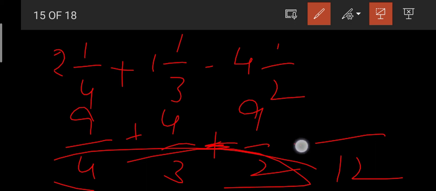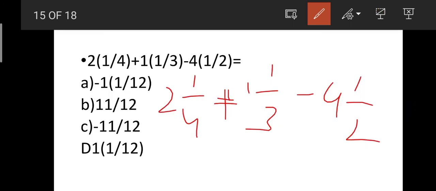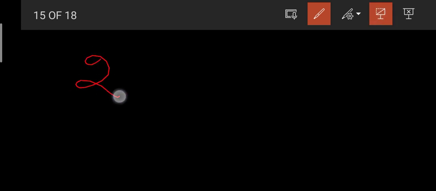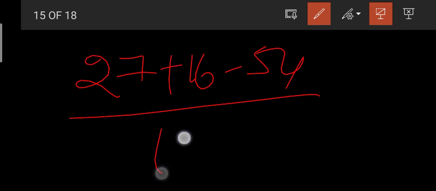If we take 12 as our LCM, then here 9 3s are 27 plus 4 4s are 16 minus 9 6s are 54. Okay, so friends, here we should calculate 27 plus 16 minus 54, divided by 12. Then what will be our answer?